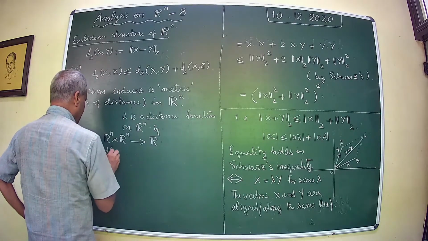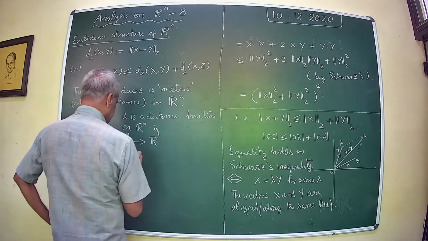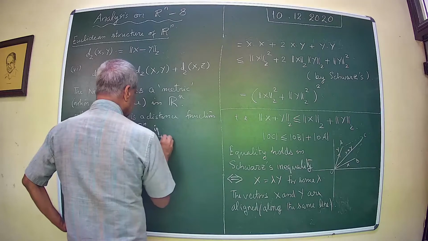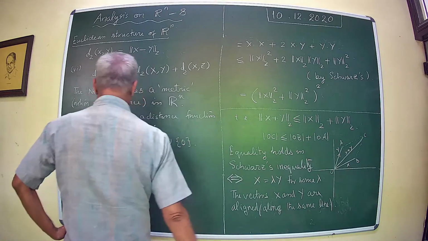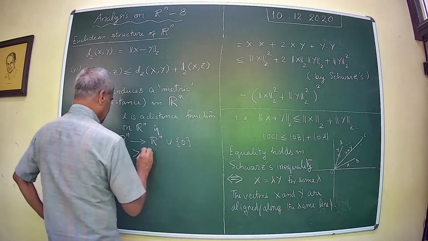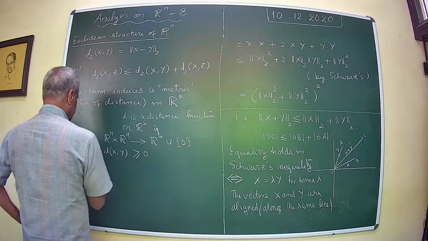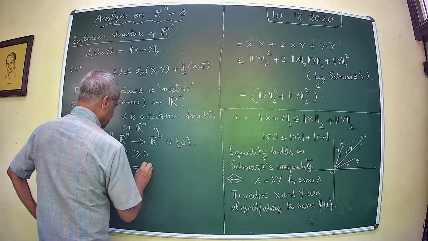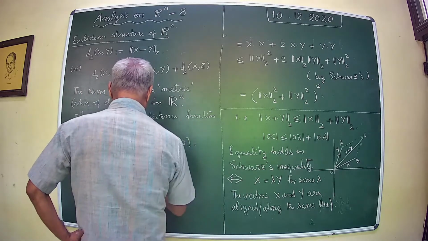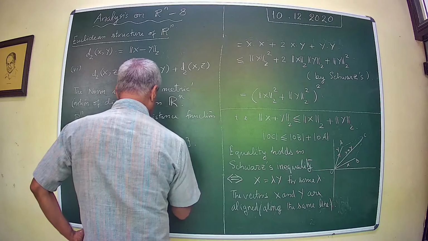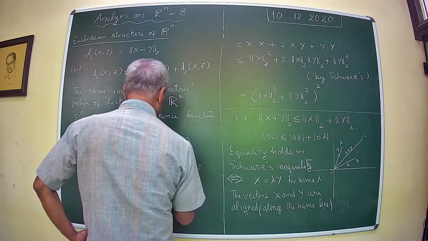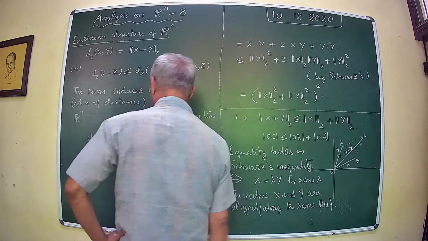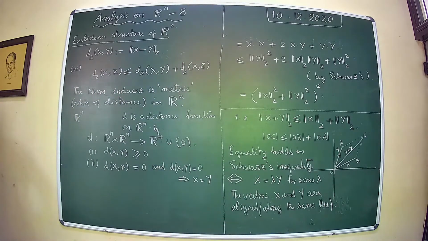First, d of x, y is in fact a real number, and more specifically you can write this as R plus union 0, that means it is greater than or equal to 0. Then the second property is d of x, y equal to 0 if and only if x equal to y.